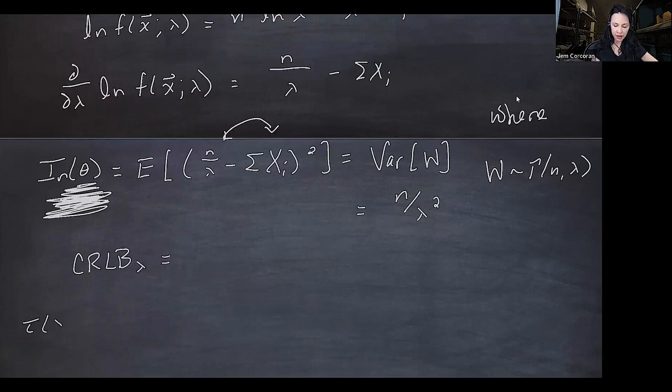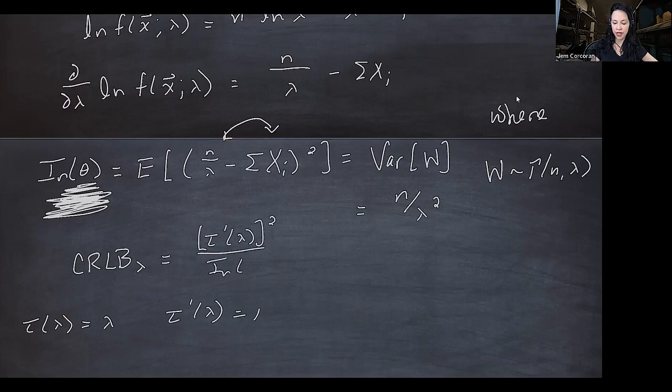So tau of lambda is lambda itself. And if you take the derivative, you get 1. So this Cramér-Rao lower bound is tau prime of lambda squared over the Fisher information. And that is 1 squared over n over lambda squared. So that is lambda squared over n.